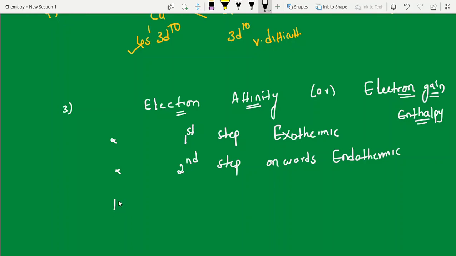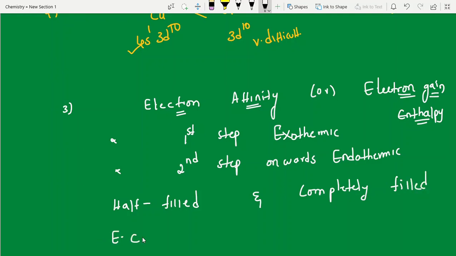So next I am writing the next point. Half-filled and completely filled electronic configurations have positive electron gain enthalpy, positive electron affinity values.